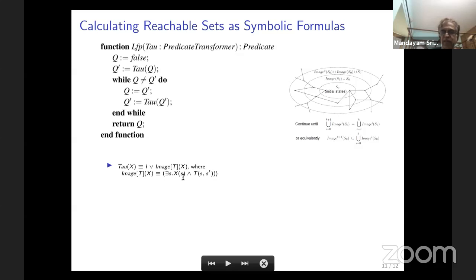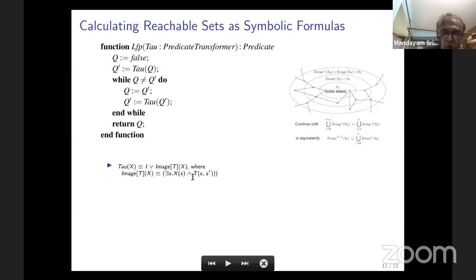So it's a state which is in X, which gets back to S prime. So S prime is included.